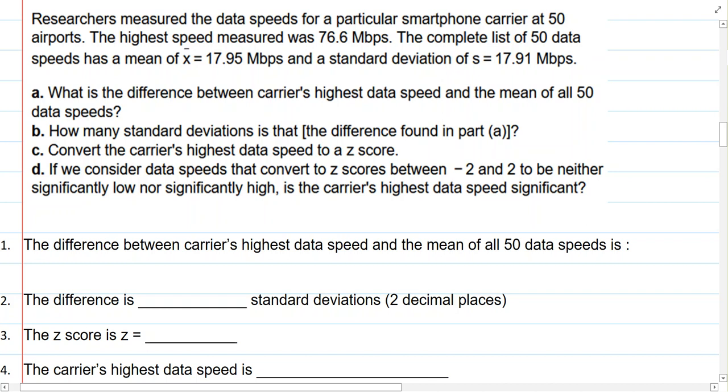Here we go. Researchers measure the data speeds of a particular smartphone carrier at 50 airports. So my N is 50. The highest speed was measured at 76.6 Mbps.